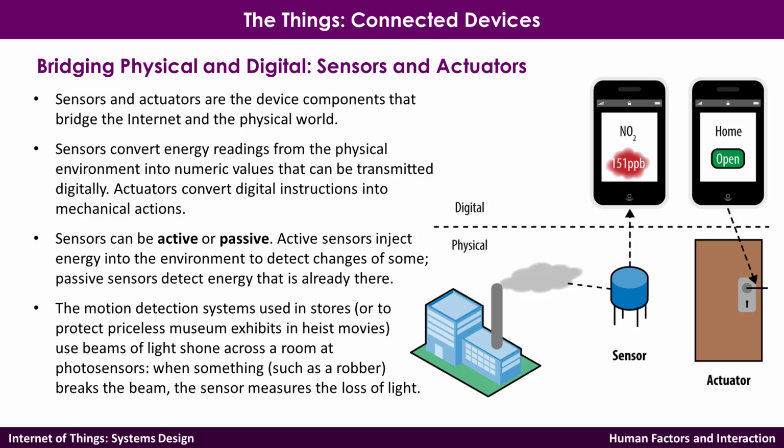If the environment changes and the amount of NO2 increases in a particular environment, it will trigger the sensor, and as a result it will trigger the actuators as well.